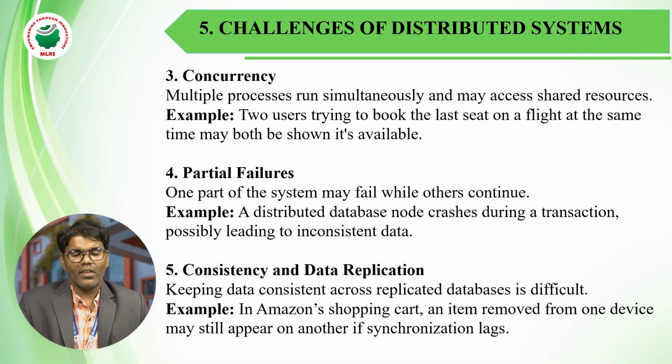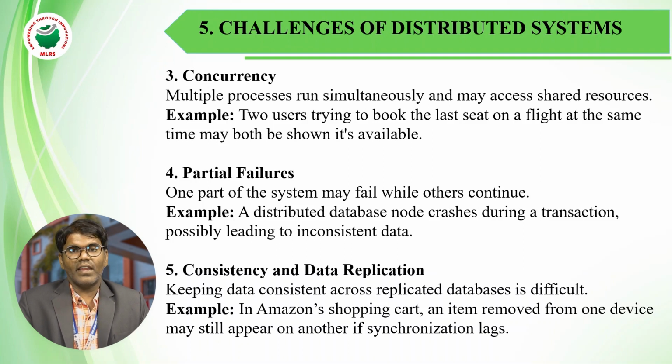That is concurrency. And partial failure, where one part of the system may fail while others continue. Example, a distributed database node crashes during a transaction, possibly leading to inconsistent data.